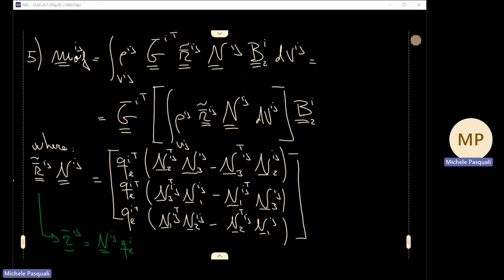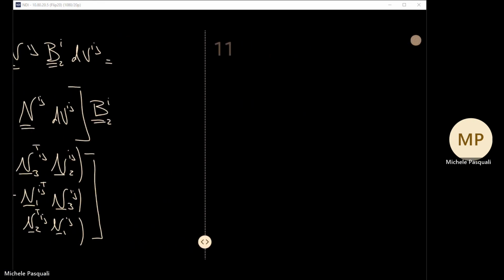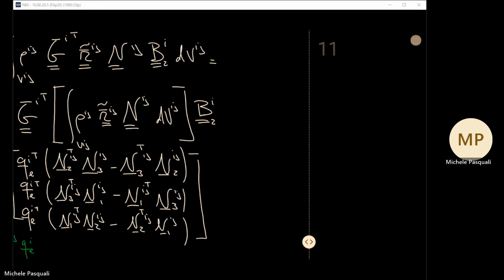Okay, why am I doing this? Because now with this expression we can introduce a quantity which is the following. We're almost there.